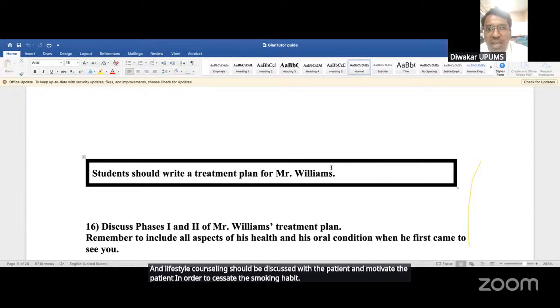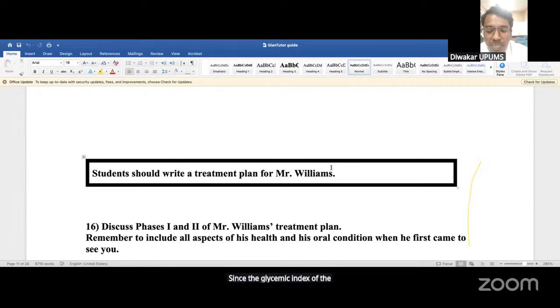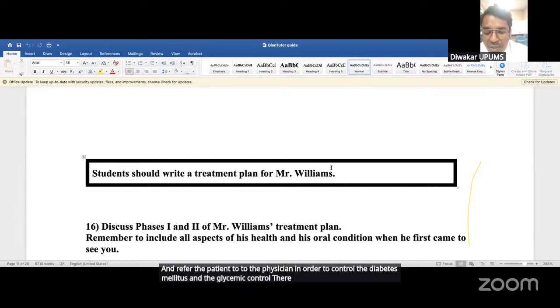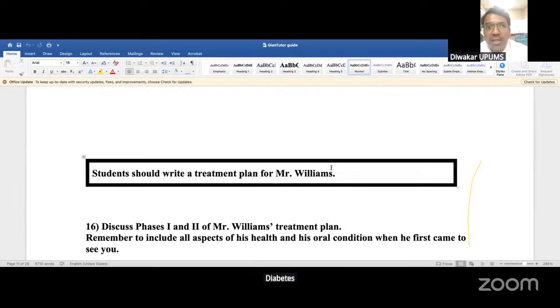Since the glycemic index of the patient is higher, diet counseling has to be done, and the patient should be referred to the physician to control the diabetes mellitus and achieve glycemic control, and further to maintain systemic health. Nutrition and diet counseling is advised to maintain the same, and further whatever treatment we are giving to the patient.